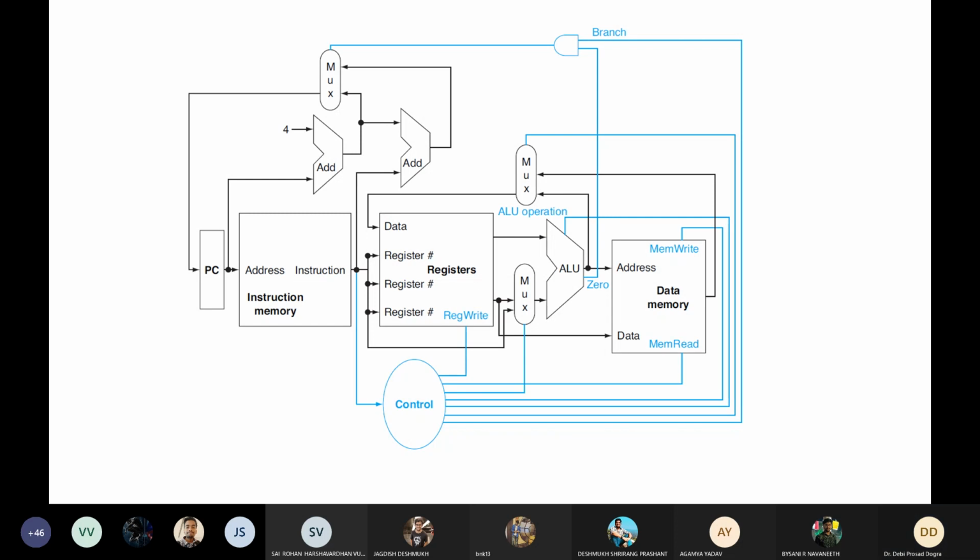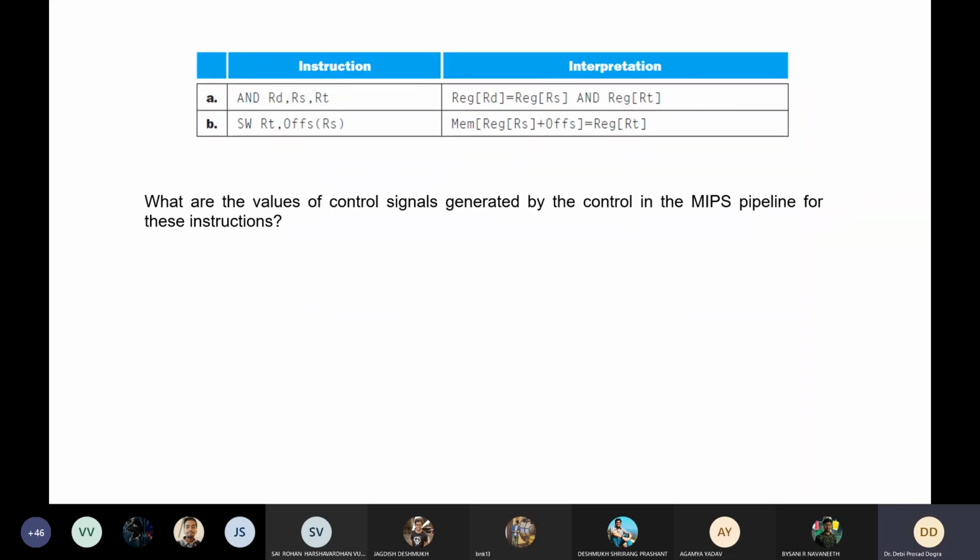Now the question here is, let's assume that these are the two instructions, with RD, RS, RT. You know what is RD, what is RS, and what is RT. The interpretation is given: register RD equals register RS bitwise ANDed with register RT.